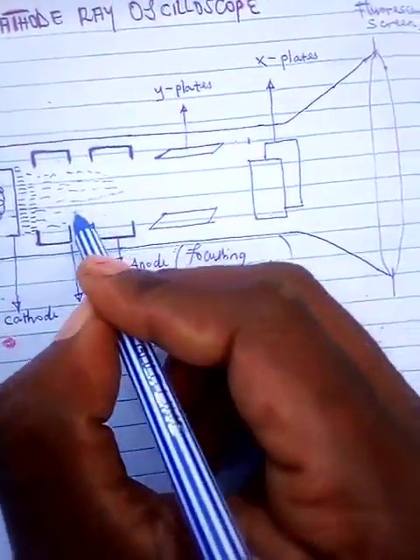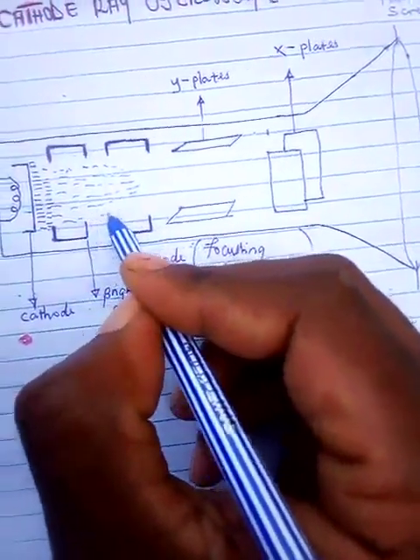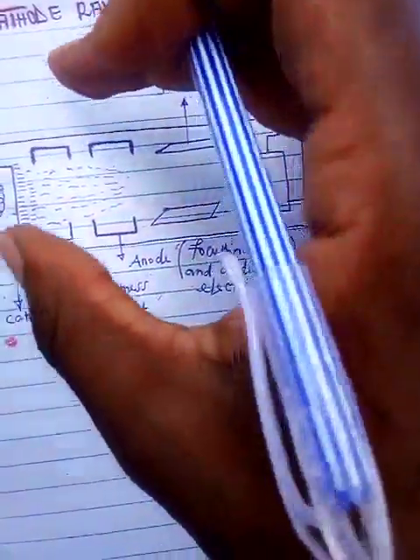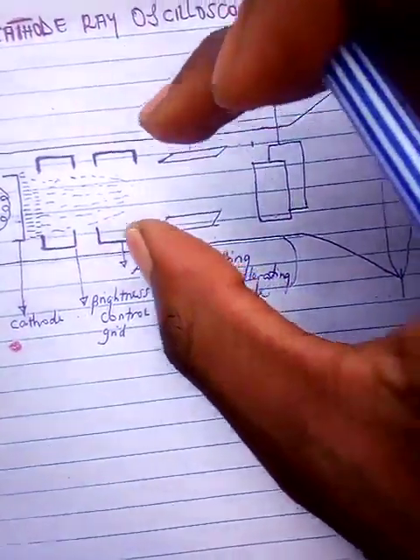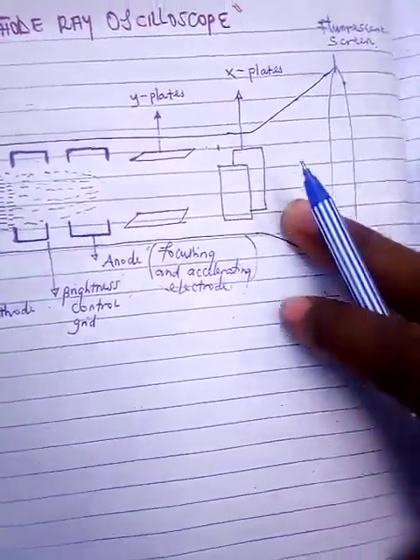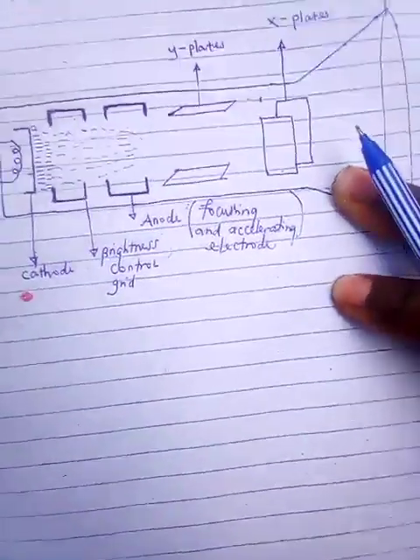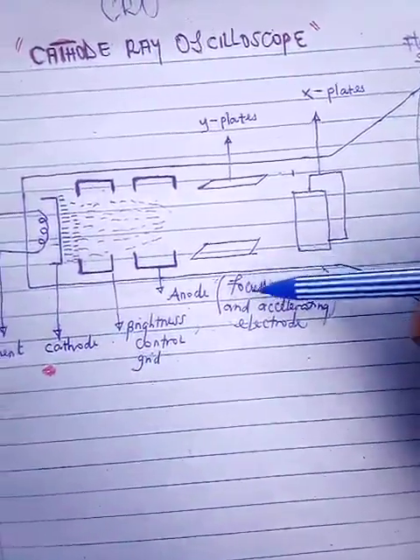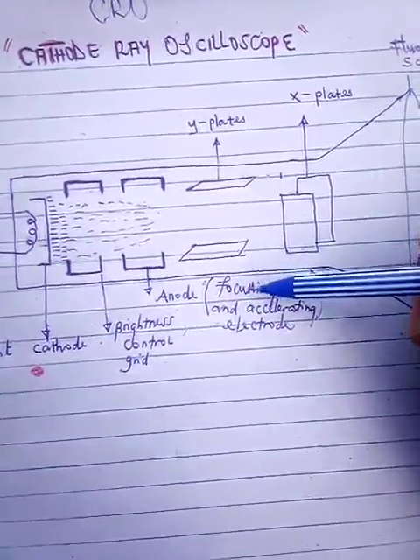It will converge them. It's more like trying to focus them, trying to bring them together. And as it is doing that, it is also accelerating them. When I say accelerating them, it's simply increasing their velocity, their speed.